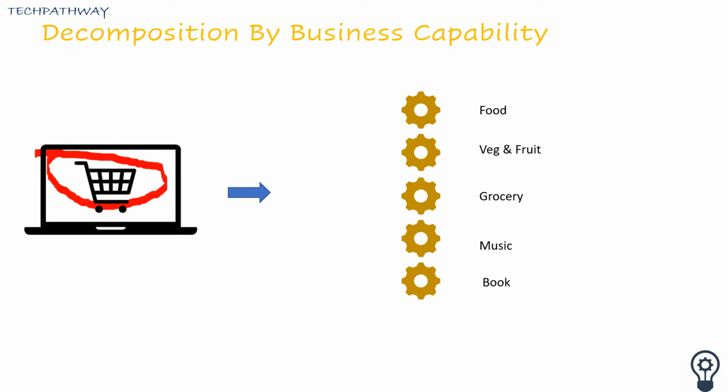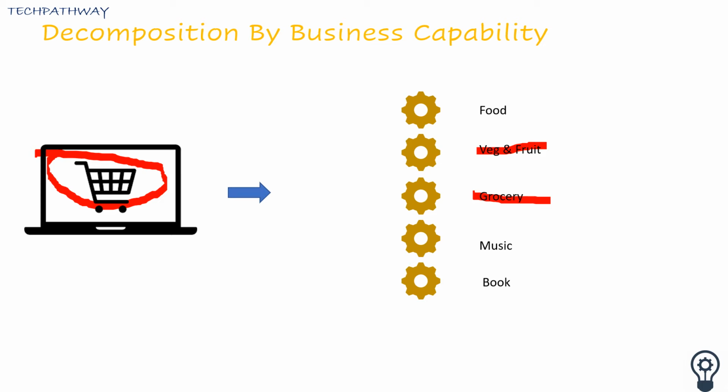Amazon has businesses like food, fresh, pantry, music, books, and many other marketplaces. We can segregate one service as food, one service as vegetables and fruit, which is known as fresh, grocery comes under pantry, and then music and books.